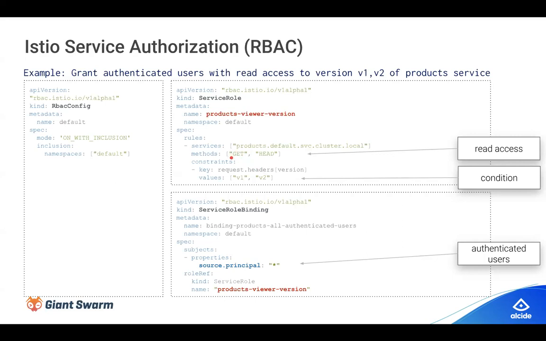And based on the HTTP verb, we can specify whether this is read or write access. So if we were, for example, to write here that the methods also include POST, then this rule enables us to also write into the service that we capture in this example.